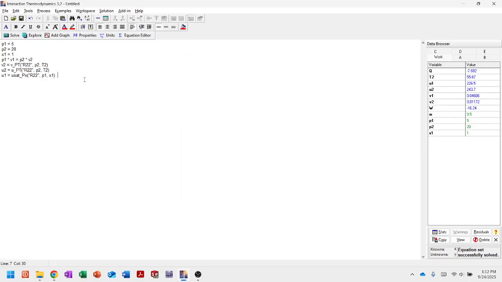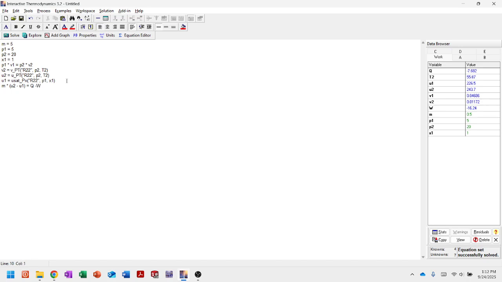So the last couple things we need here is our mass. We have half a kilogram, so let me give you that up here. Then our first law is going to be our change in energy, M times U2 minus U1 equals our Q minus our work.